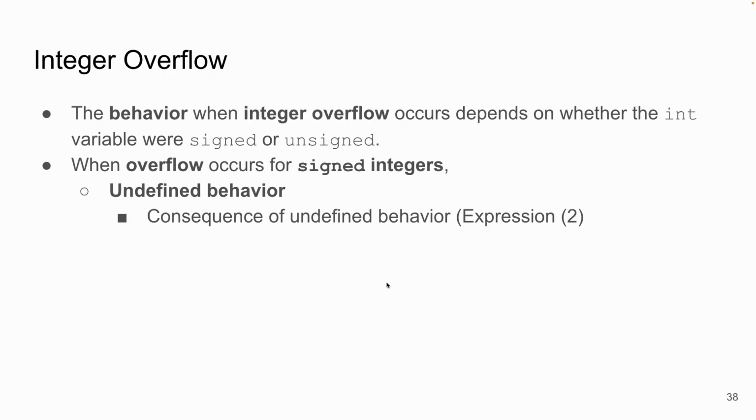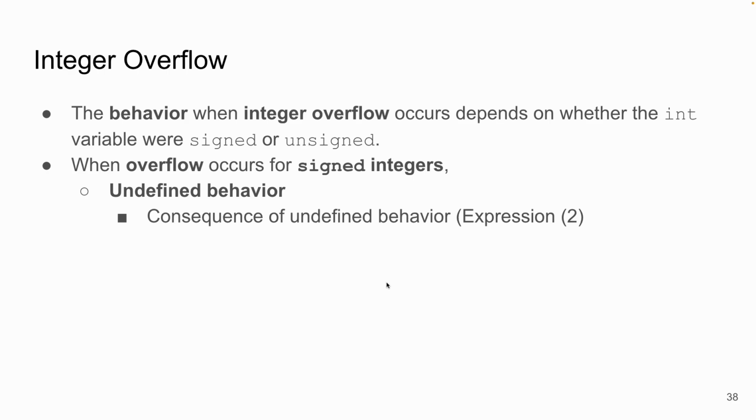The consequence of integer overflow actually depends on whether the integer variable is signed or unsigned. Signed integer means that the leftmost bit is reserved for the sign bit. So if integer overflow happens for a signed integer, the result is undefined behavior.